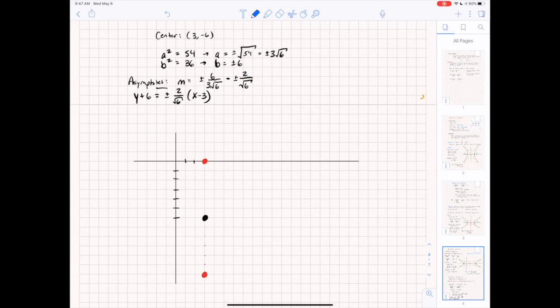This is approximately, you can do this in a calculator to get a guess, roughly about 7 steps to the right and left, just to give a rough idea.